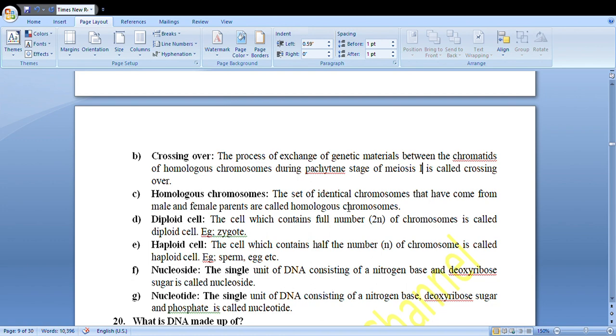Homologous chromosomes: the set of identical chromosomes that have come from male and female parents are called homologous chromosomes.